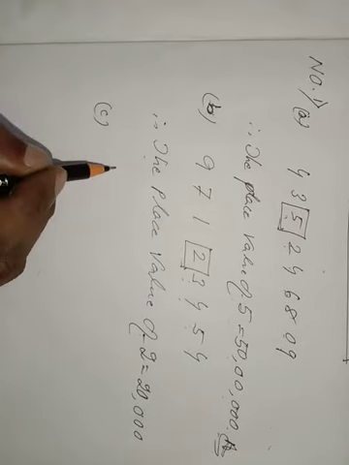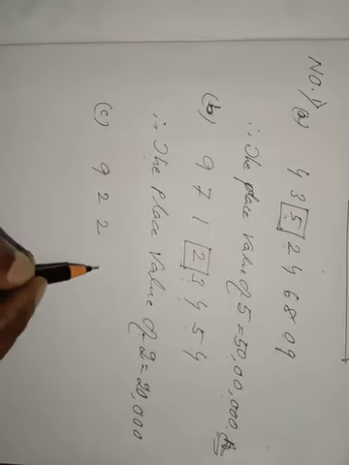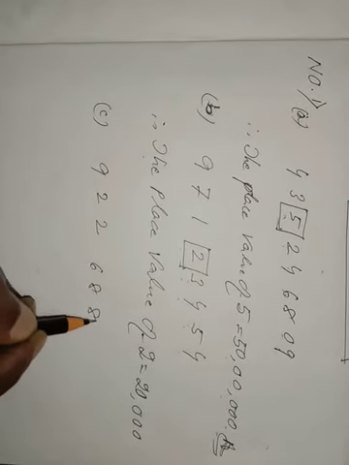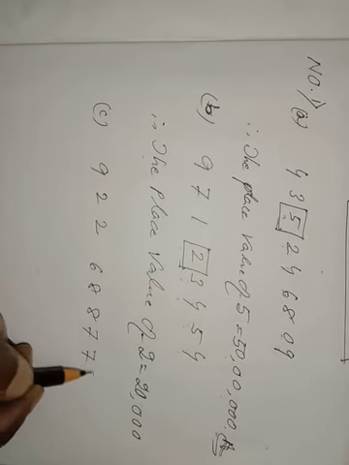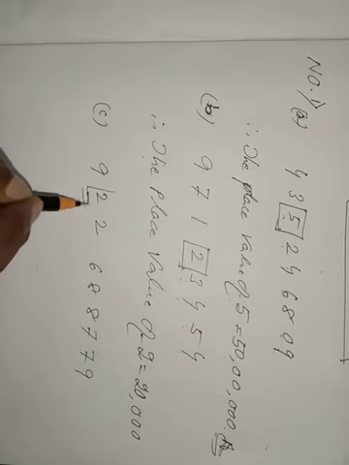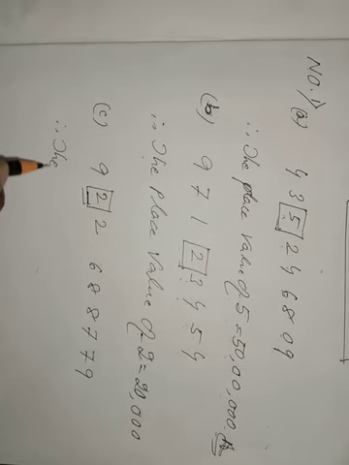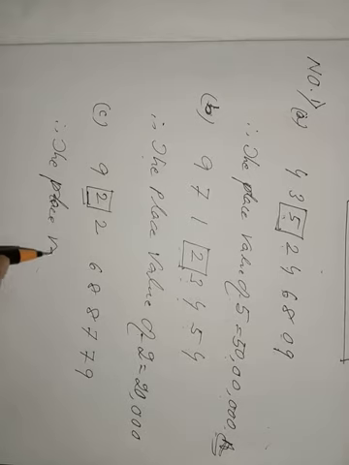Go to number C. C is given 9, 2, 2, 6, 8, 8, 7, 7, 9. The colored digit is this 2. So what is the place value of 2?